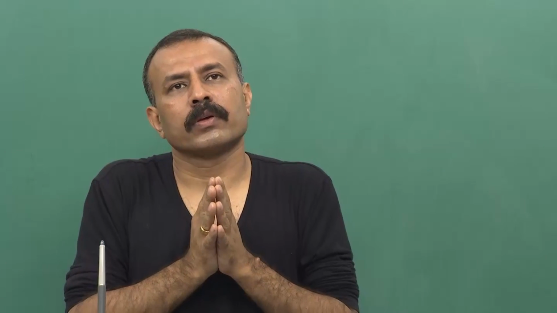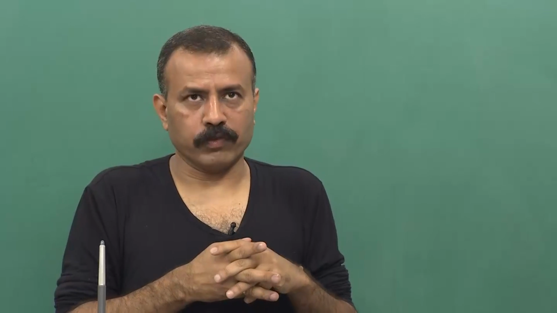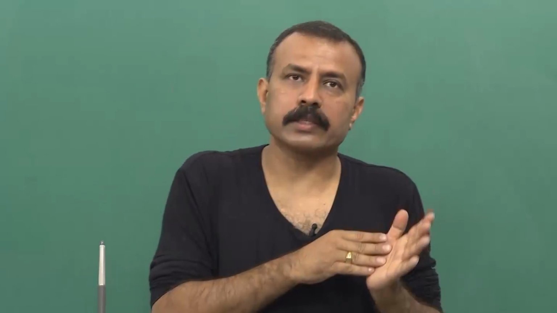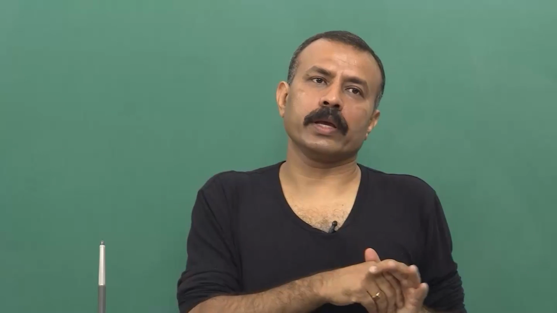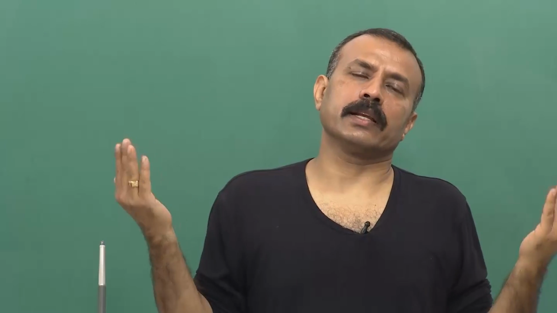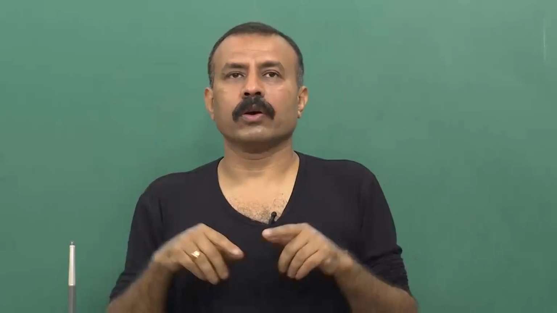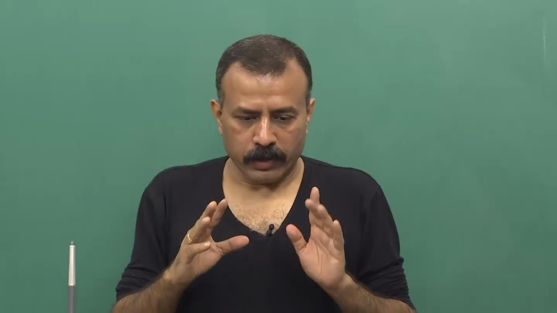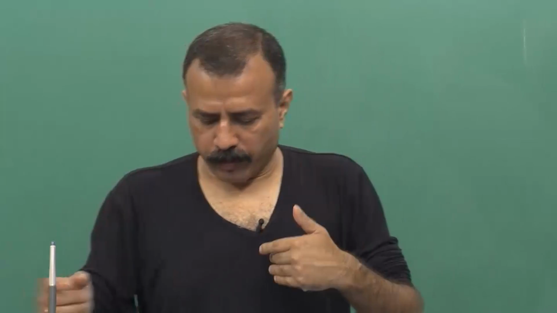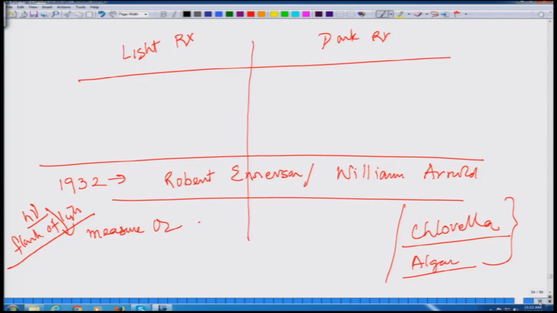You need a cluster of chlorophyll molecules to initiate the reaction of oxygen formation, and these experiments laid the foundation for two kinds of reaction, the light reaction and the dark reaction, taking place in the whole photosynthetic apparatus. Now we will move on to the next slide.